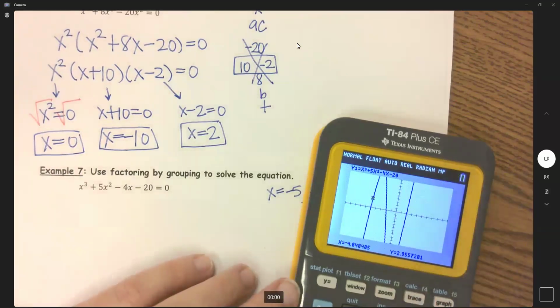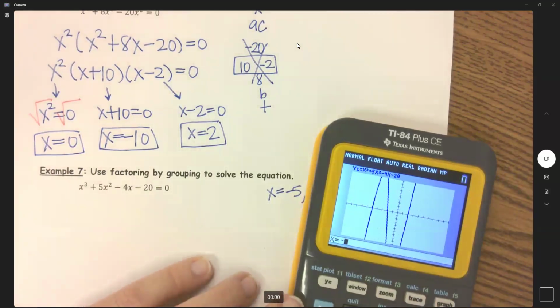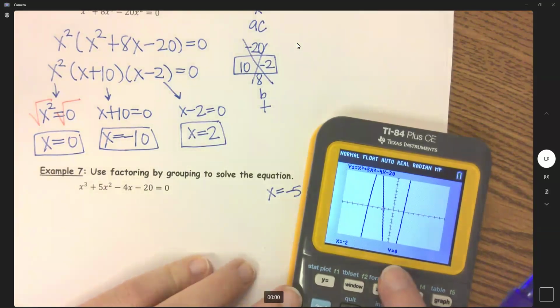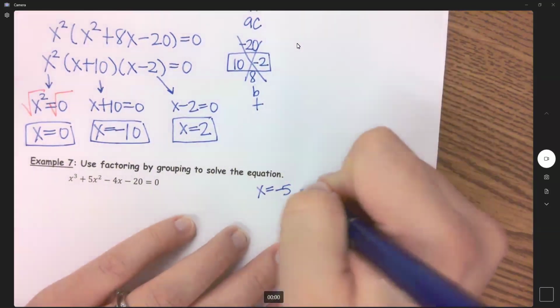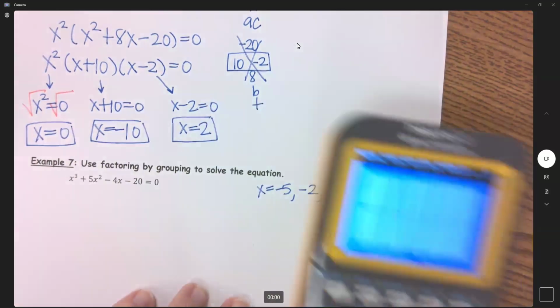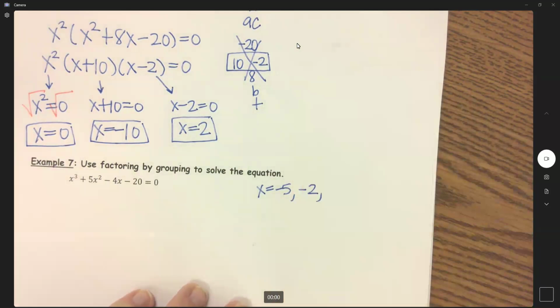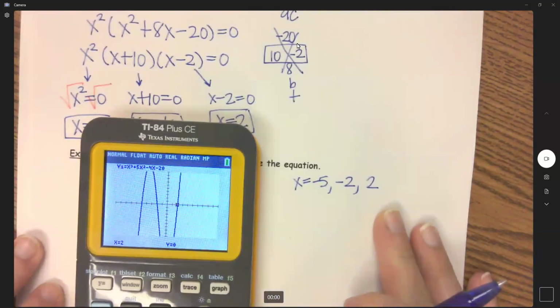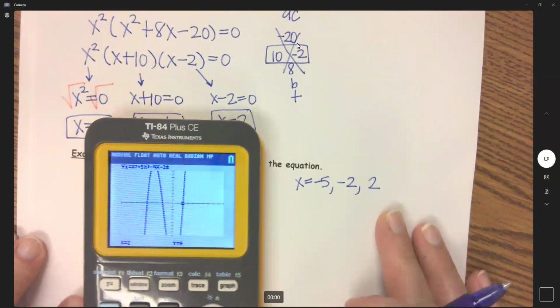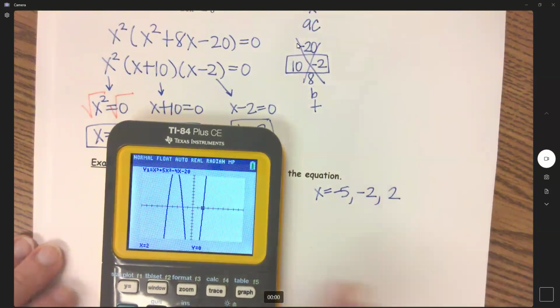Trace, that looks like negative 2. We get a y of 0. And that looks like positive 2. Y of 0. So really and truly, that's all you need to do to be able to get these. Graph it. Where is it crossing the x-axis?